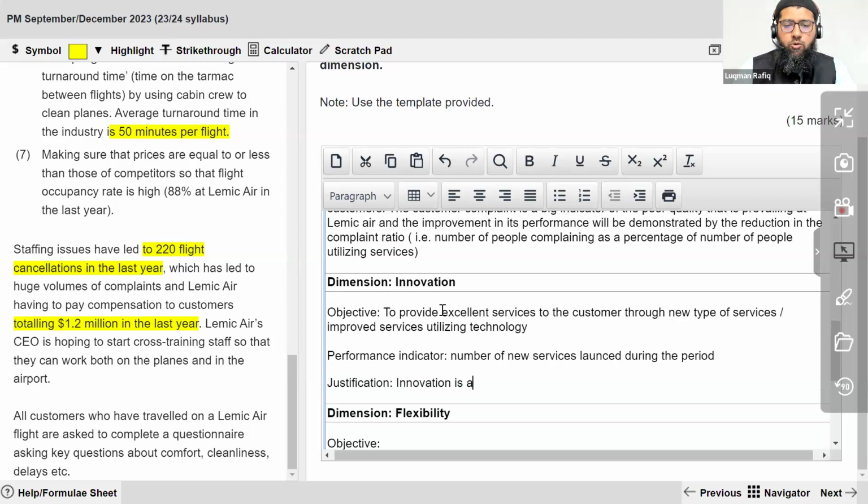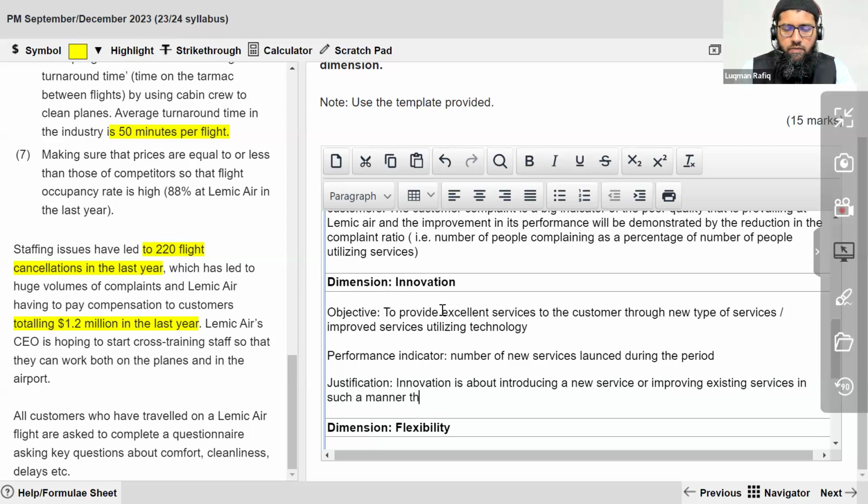Innovation is about introducing a new service or improving an existing service in such a manner that it is delivered differently.